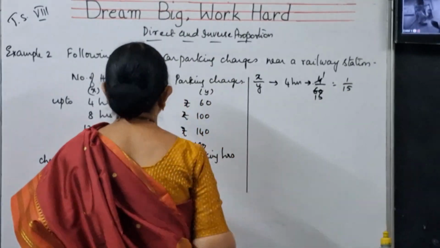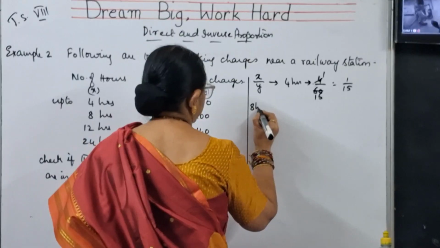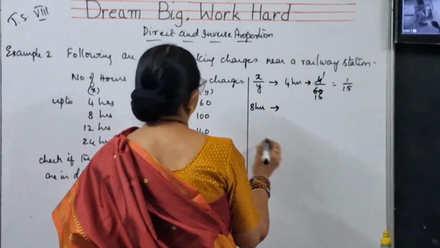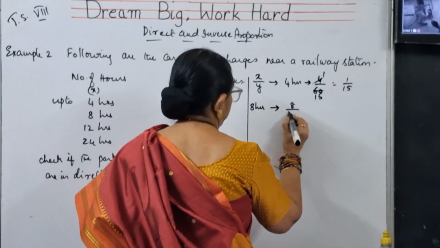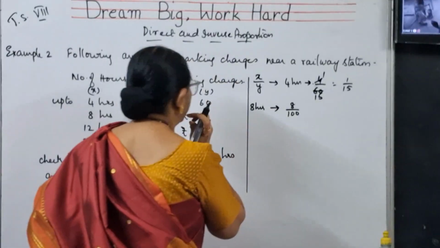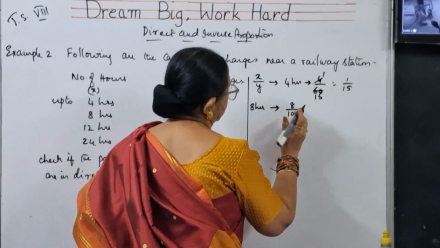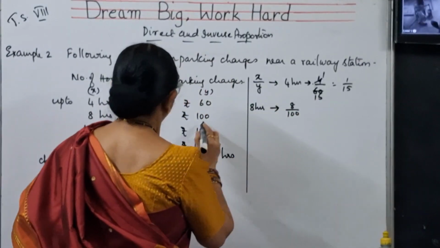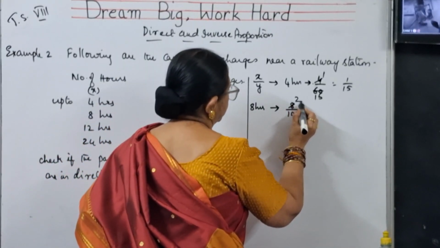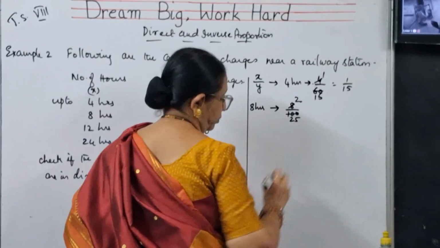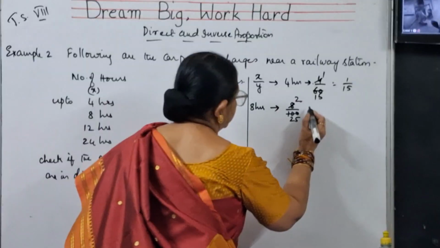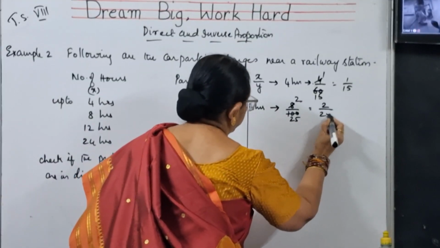And for 8 hours, again 8 by 100. 8 ones are 8. 8 by 100 means 4 twos are 8, 4 twenty-fives are 100. So it is 2 by 25.